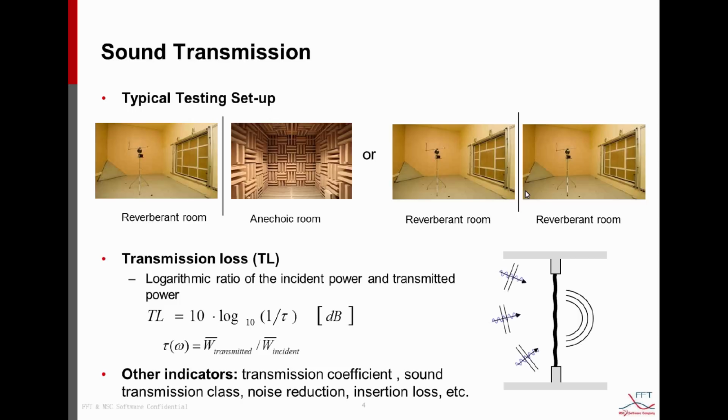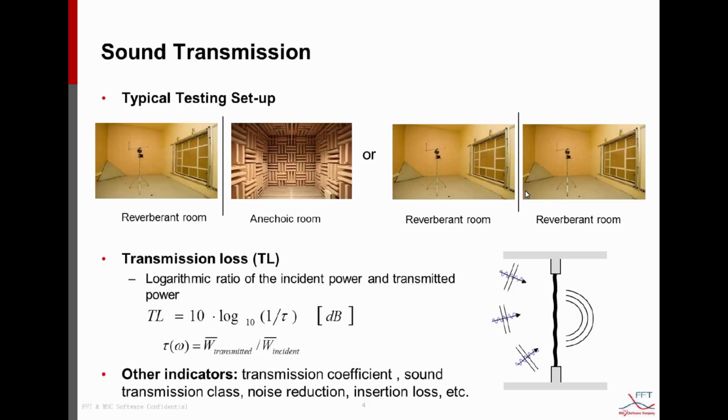A key indicator to characterize the transmission capabilities of the object being tested is the transmission loss indicator. There are several definitions of transmission loss. The one I put here uses the ratio of the incident acoustic power on the left and the transmitted acoustic power on the right.